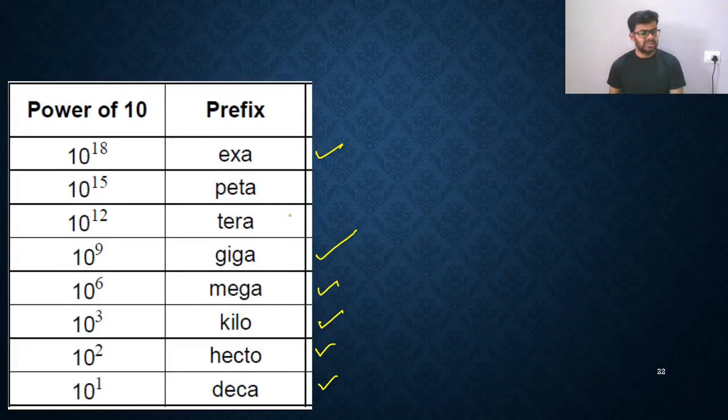After that, 10 raised to 12 is called tera, 10 raised to 15 is called peta, and 10 raised to 18 is called exa. So, deca, hecto, kilo, mega, giga, tera, peta, exa. You need to remember this because somewhere it may be used. Generally, mega, giga, kilo are very important.